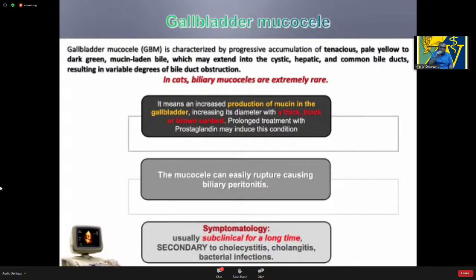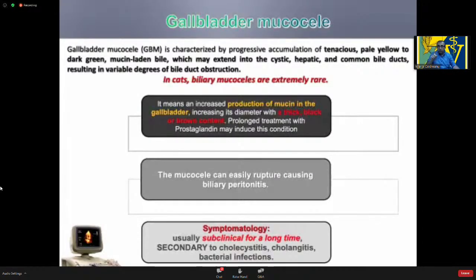As the next stage of the presence of a mucocele, of course, is the rupture of the gallbladder wall, because it's very easy for this medical condition to be responsible for biliary peritonitis.